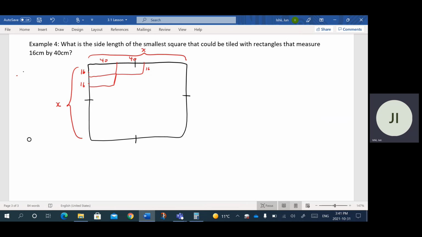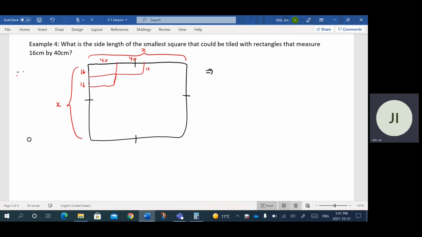So in other words, the question's basically just asking you what is the lowest common multiple between 40 and 16?